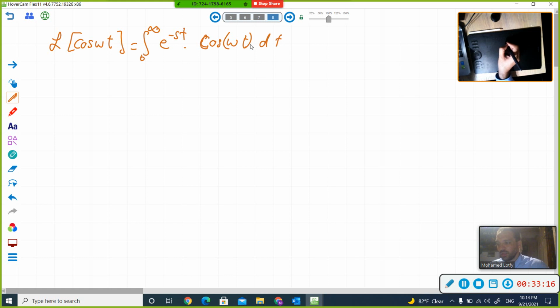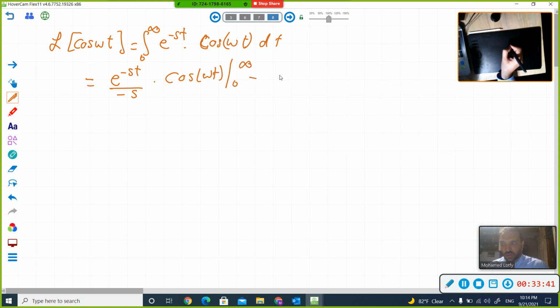Okay, so let's do it as an integration by parts, and this is u and this is v. So integrating first e to the power negative st divided by negative s, this is the integration of these exponential functions, times u as it is, cosine omega t. Don't forget the limits from 0 to infinity.